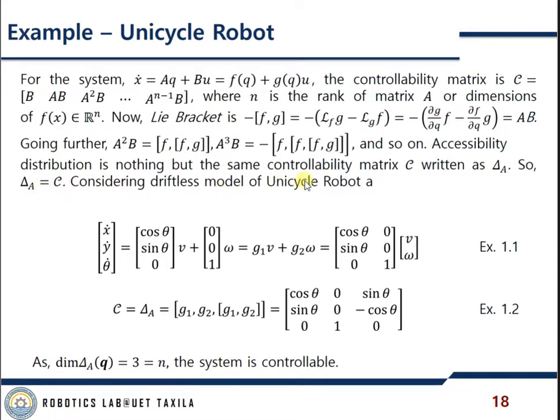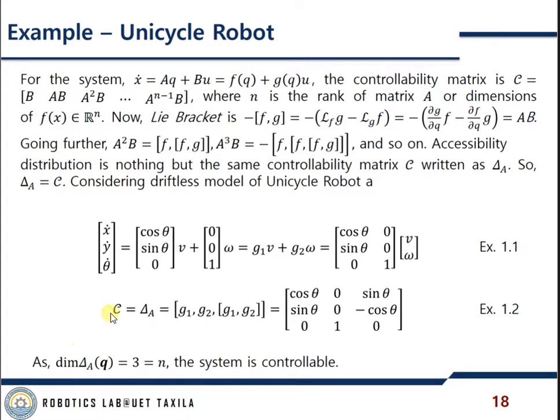Considering the driftless model of a unicycle robot, which is like this, where x dot is equal to cos theta into v, which is a linear velocity, and y dot equals sine theta into v, and theta dot is equal to omega, obviously. So let me call this vector field g1 and this vector field g2. As a whole, we can write this whole system in this way.